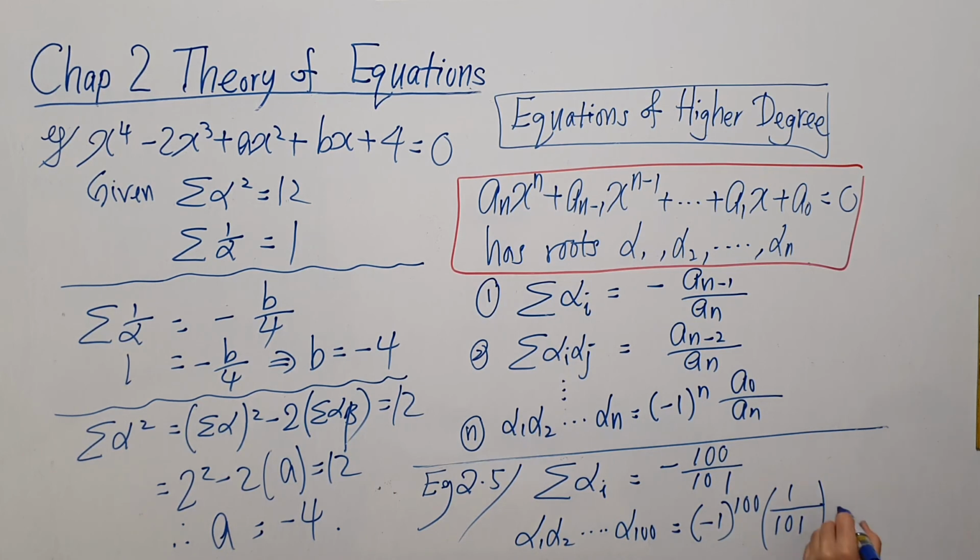So this gives you an answer of 1 over 101. And with this, that completes our discussion of the notes for chapter 2.